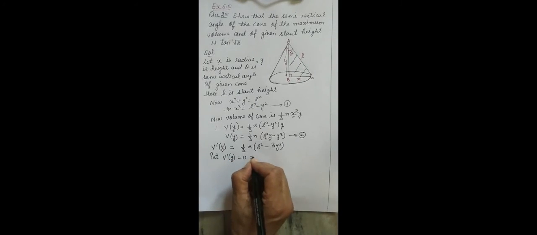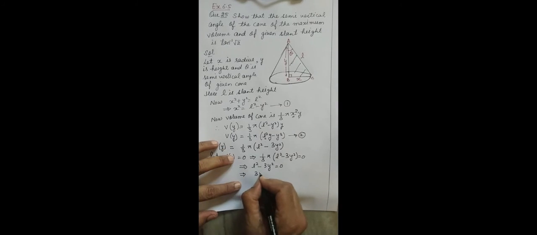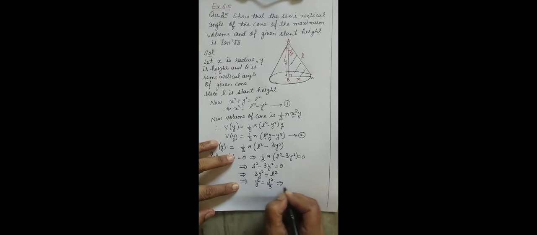Now let us put V dash y equal to 0, which gives me 1 upon 3 pi into L square minus 3y square is equal to 0, which implies 3y square is equal to L square, so y square is L square by 3, and hence y is equal to L upon square root 3. This means I have obtained the value of y here.